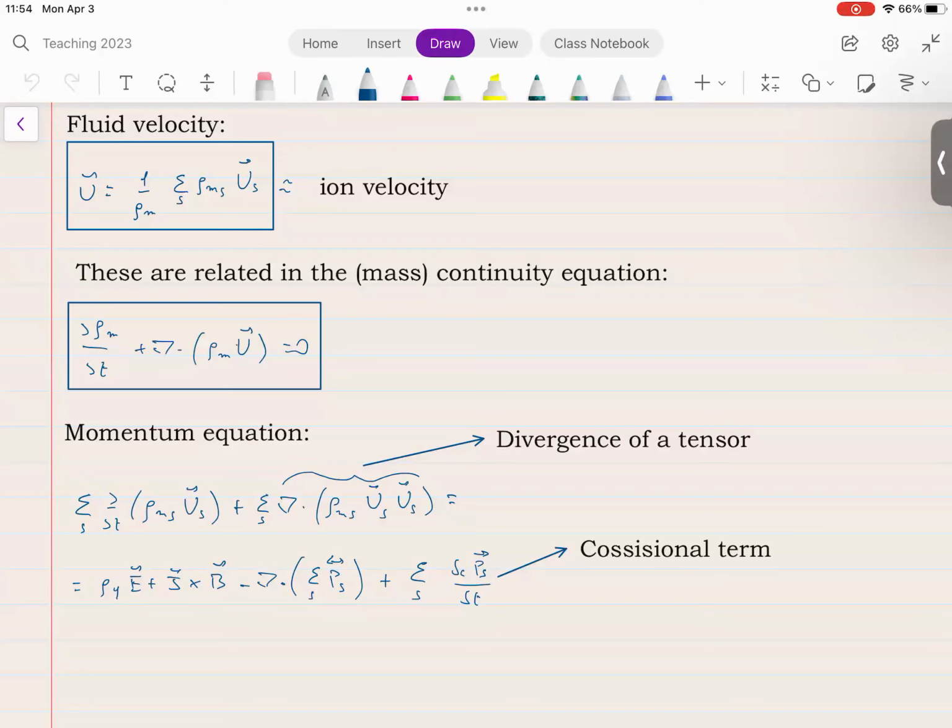I'm actually going to skip the steps, but it is common practice to use pressure that is defined in the frame of reference that moves with the fluid.